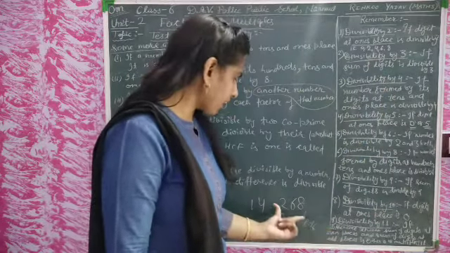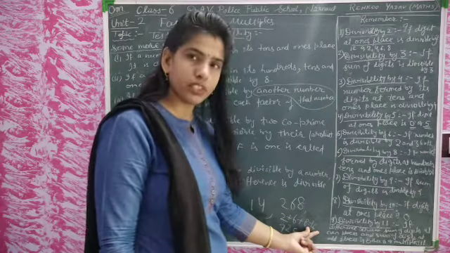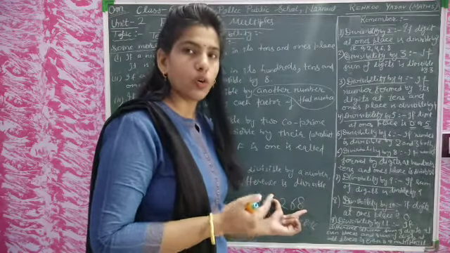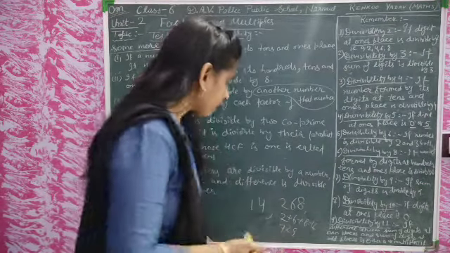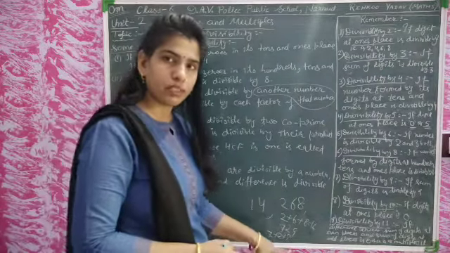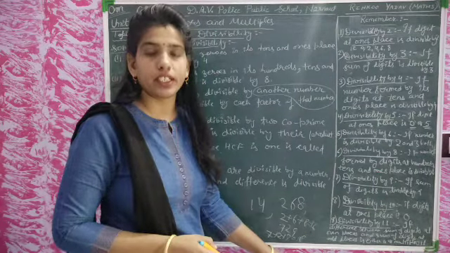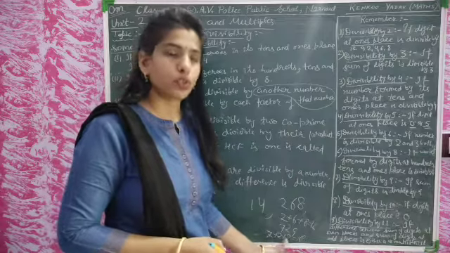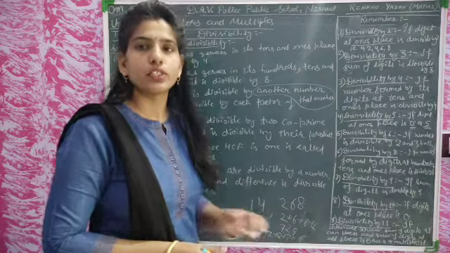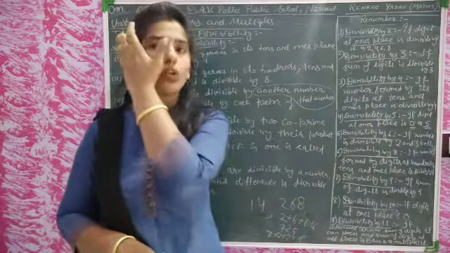If we add the digits of the number and the sum is divisible by 3, then the number is divisible by 3. If not, then no. 7 plus 2 is 9, 9 plus 9 is 18. Is it divisible by 3? Yes, 18 is divisible by 3. So the number 729 is also divisible by 3. Doing it like this, you can check whether numbers are divisible by 3 or not.